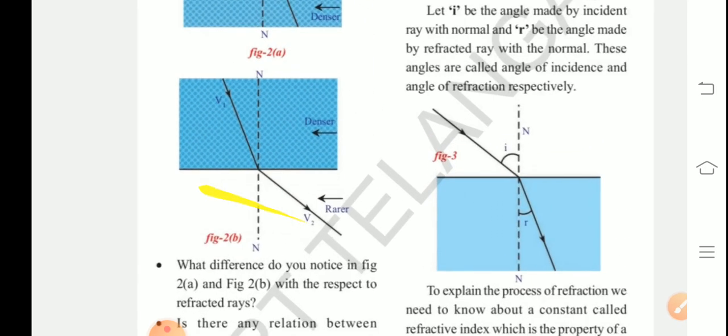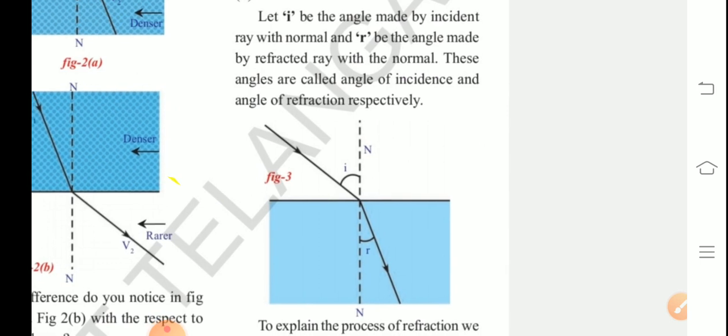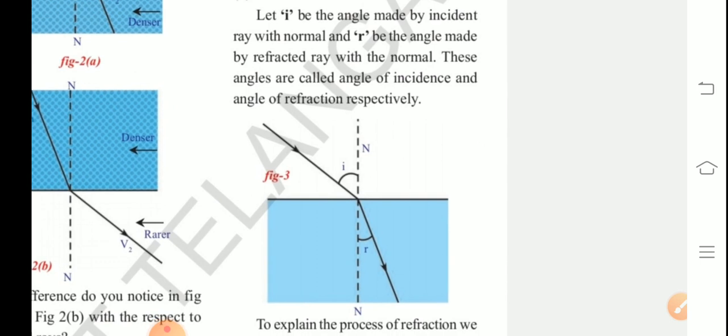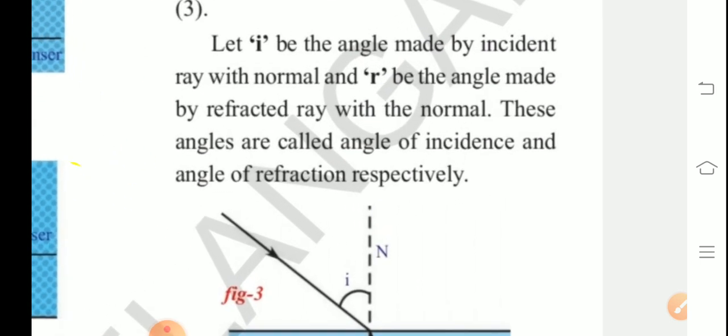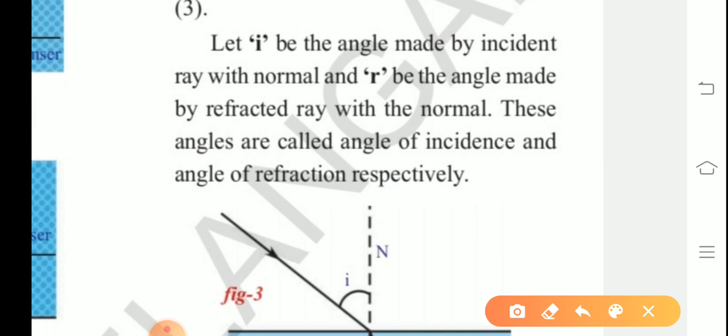And see this. For example, let I be the angle made by the incident ray and R be the angle made by the refracted ray with the normal. So these angles are called angle of incidence and angle of refraction respectively.